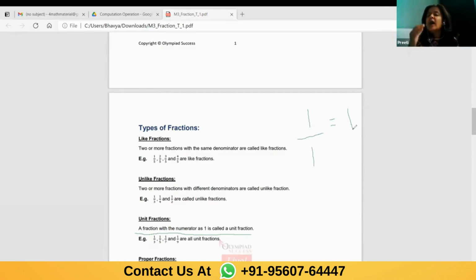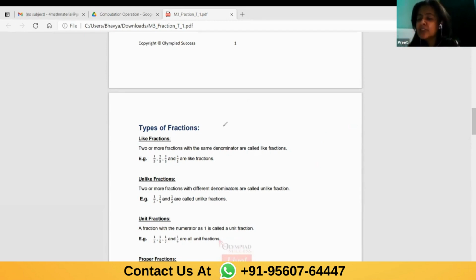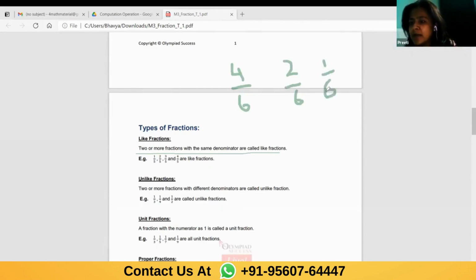Now, the other types of fractions: if the fractions have the same denominator, their numerators are different, but their denominator remains the same, then we call the fractions like fractions. For example, 4 by 6, 2 by 6 and 1 by 6. See, all their denominators are same, but their numerators are different. So all these fractions are called like fractions.